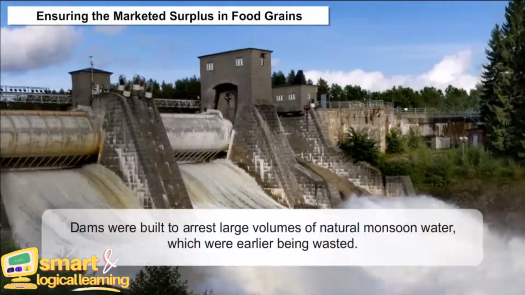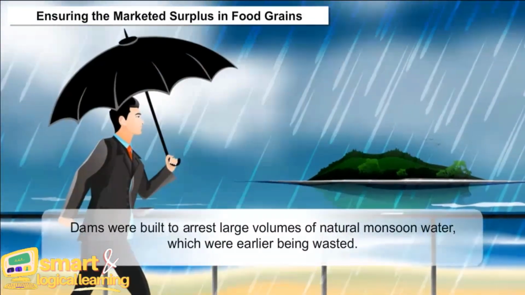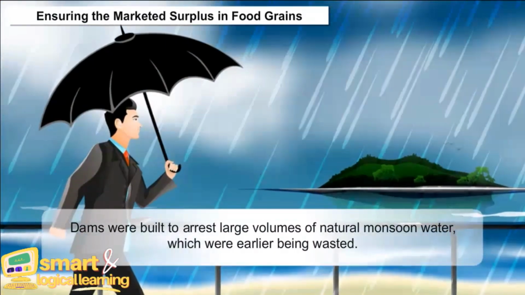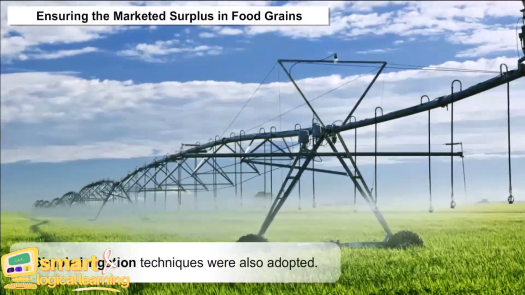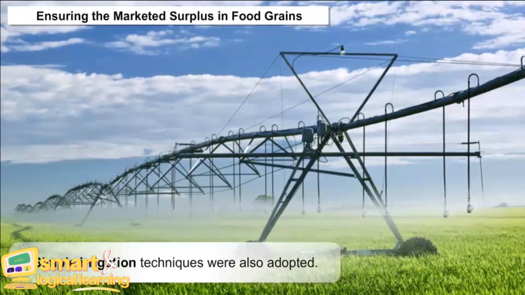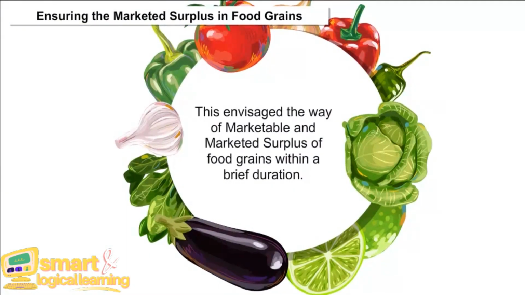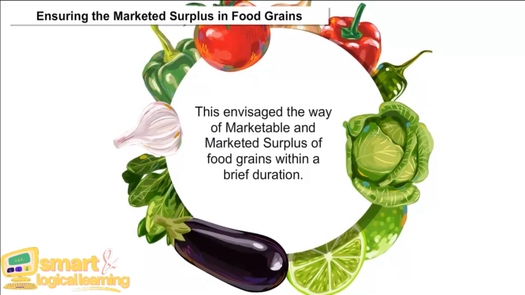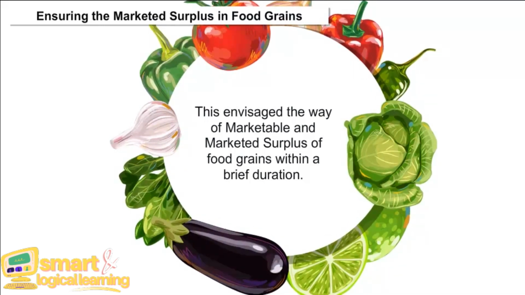Dams were built to arrest large volumes of natural monsoon water, which was earlier being wasted. Simple irrigation techniques were also adopted. This envisaged marketable and marketed surplus of food grains within a brief duration.